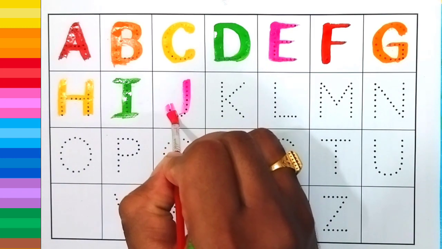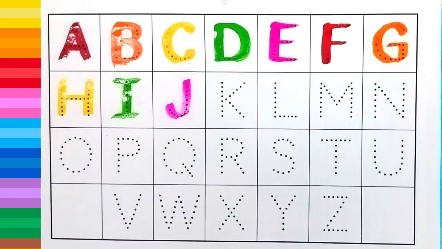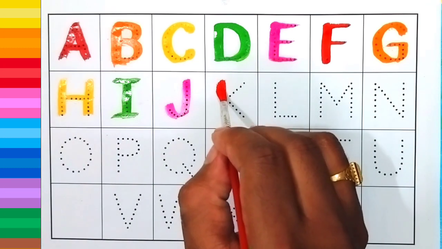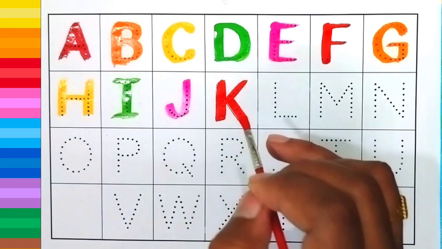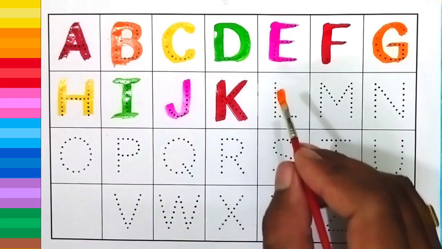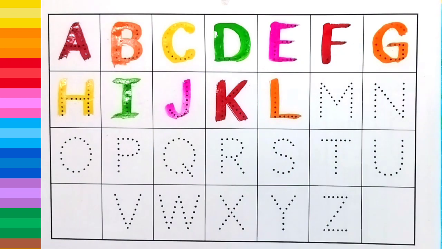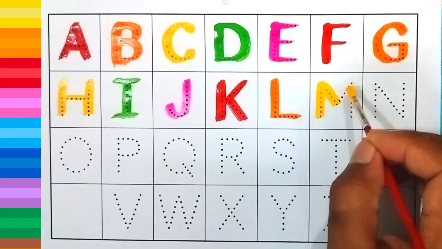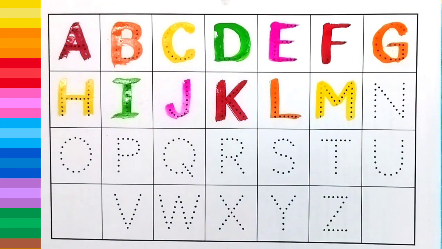J for jelly. K for kite. L for leaf. M for mango.